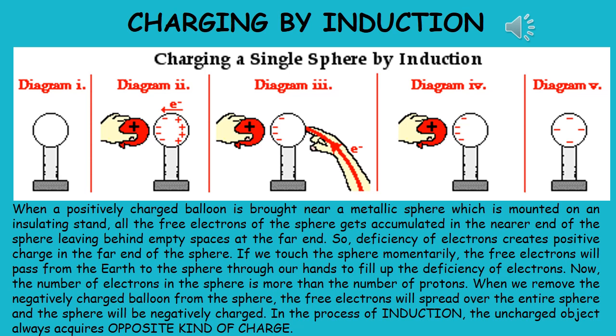So this excess of electrons creates negative charge in the sphere. Now we remove the balloon from the sphere. So the free electrons will spread over the entire sphere and the sphere will be negatively charged. In the process of induction, the uncharged object always acquires the opposite kind of charge.